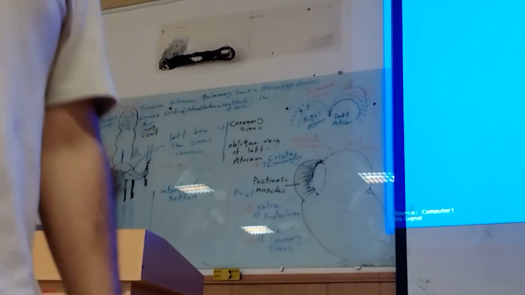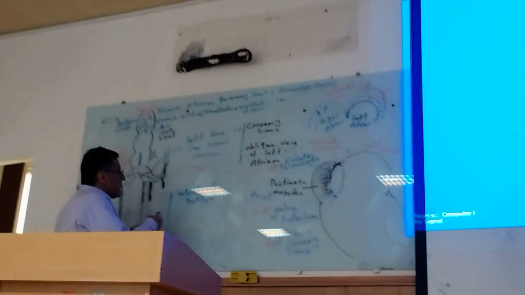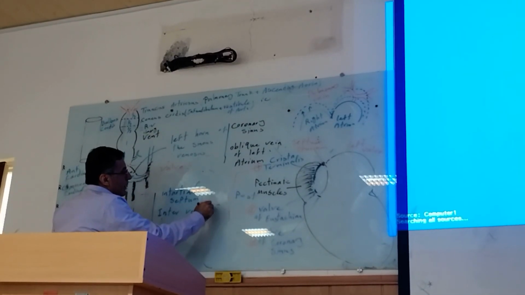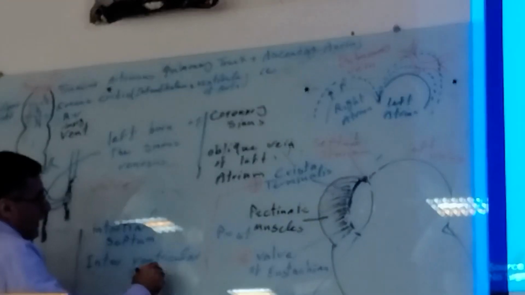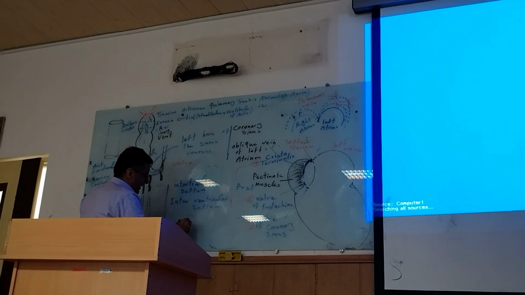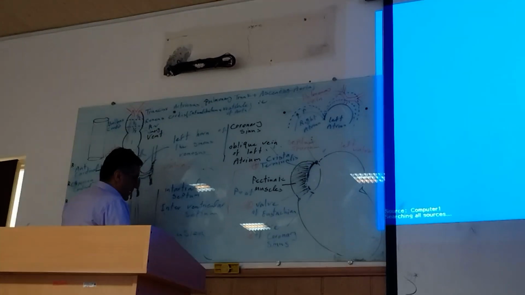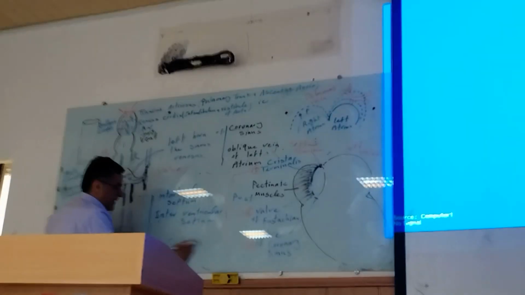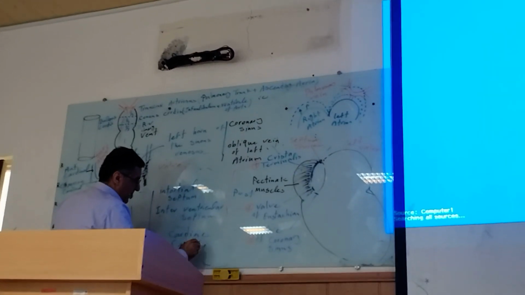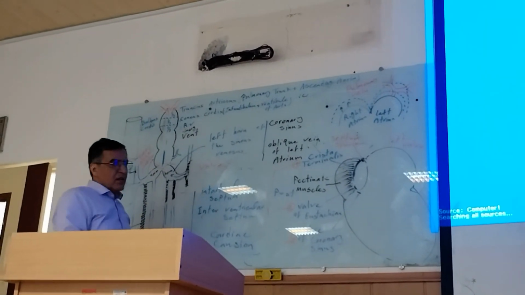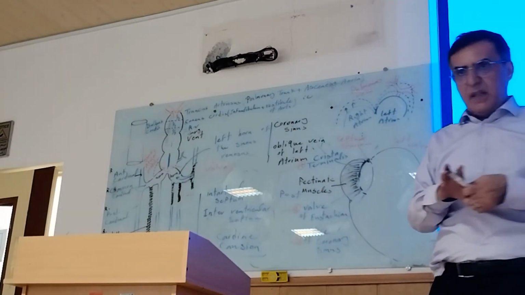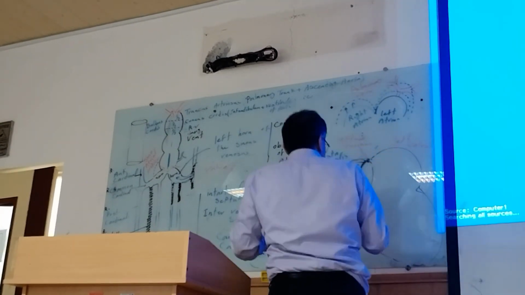I have to make one interatrial septum, one interventricular septum, and four cushions. Cardiac cushions. Cushion means prominence, it means projections, okay?